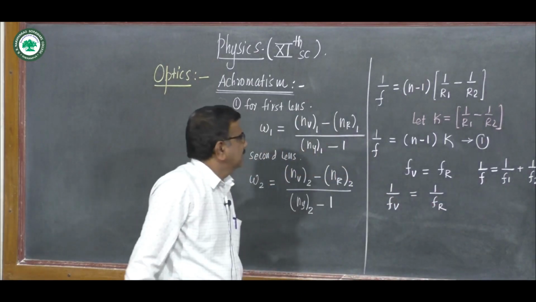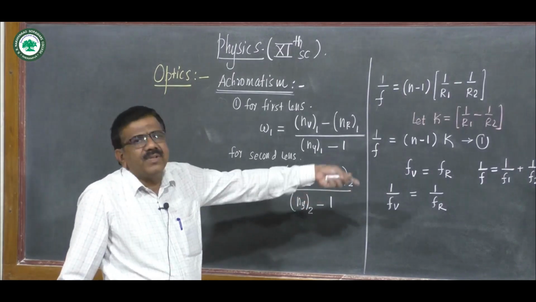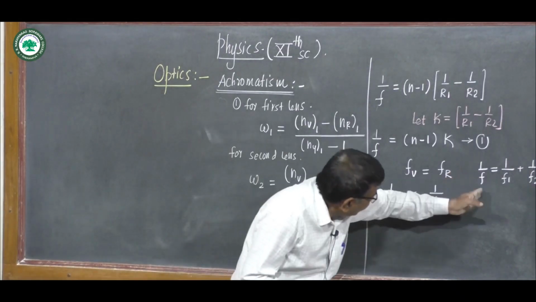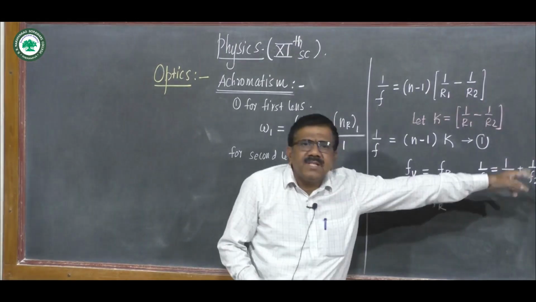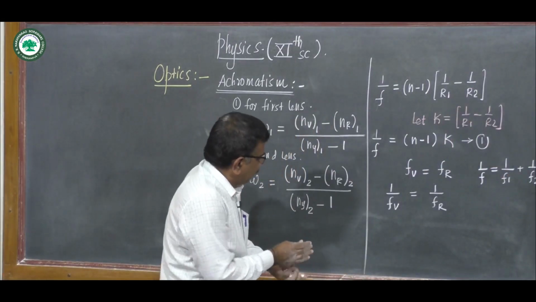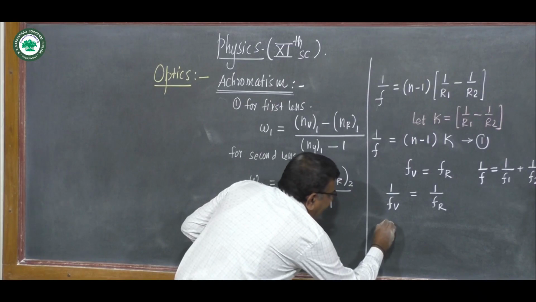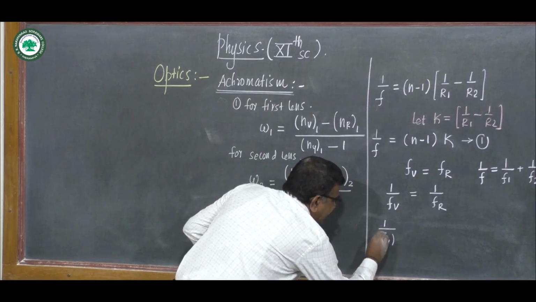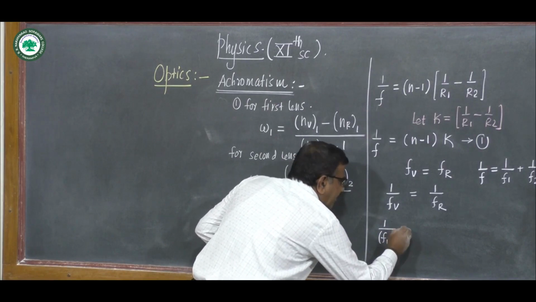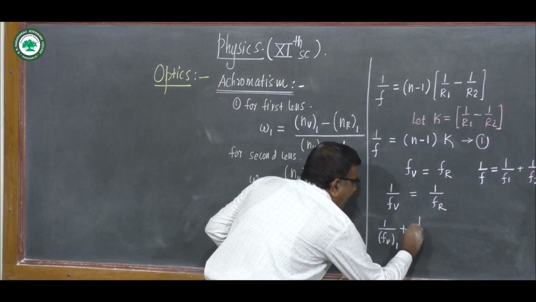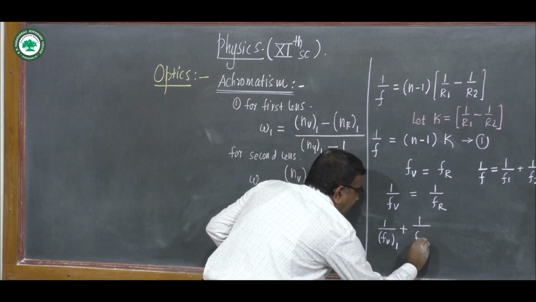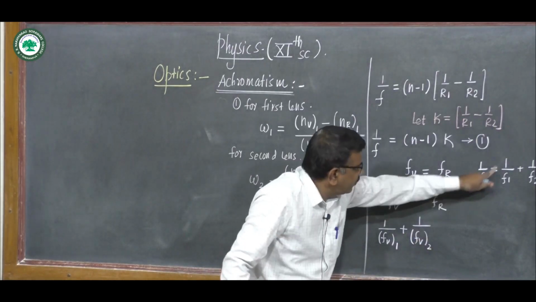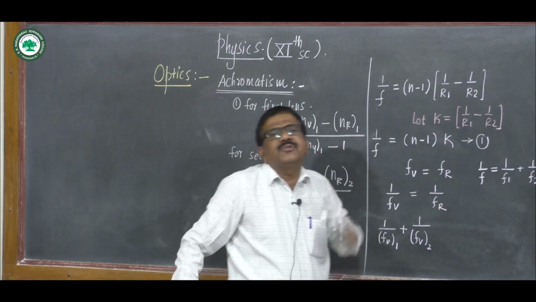Very simple part. But as 1 upon F is equal to 1 upon F1 plus 1 upon F2, so we write 1 upon FV as 1 upon FV for first lens plus 1 upon FV for second.